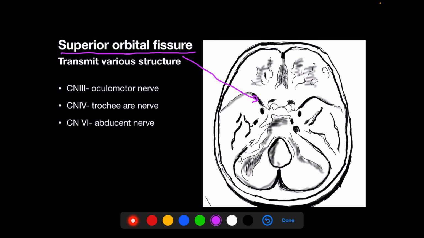First structure is cranial nerve 3, that is oculomotor nerve, and next one is cranial nerve 4, that is trochlear nerve, and third one, that is abducent nerve, that is cranial nerve 6. Remember, 3, 4 and 6 are from superior orbital fissure.